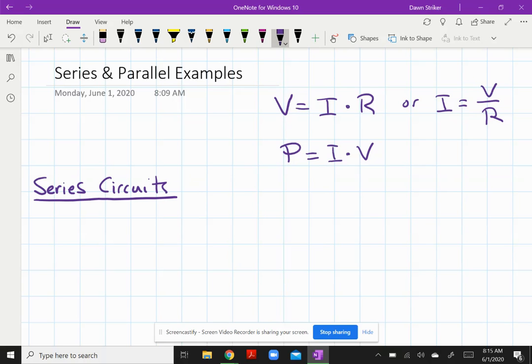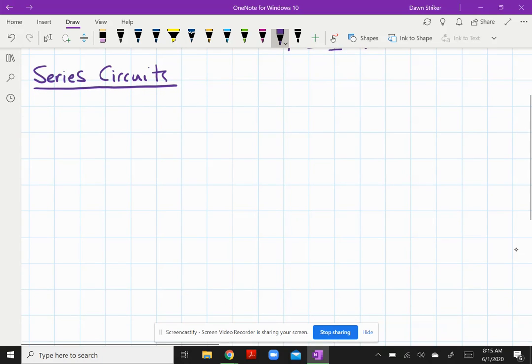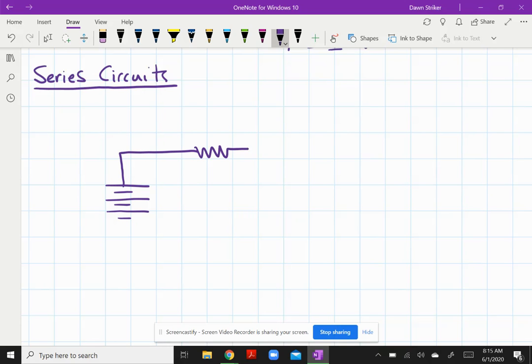And I'm going to line up a battery. Maybe I'm going to use a few batteries, 1, 2, 3 batteries. Some devices have 3 batteries in them. And let's do 3 resistors in series. In series means one after another. All right. And I'm going to say this is R1, and this is R2, and this is R3.